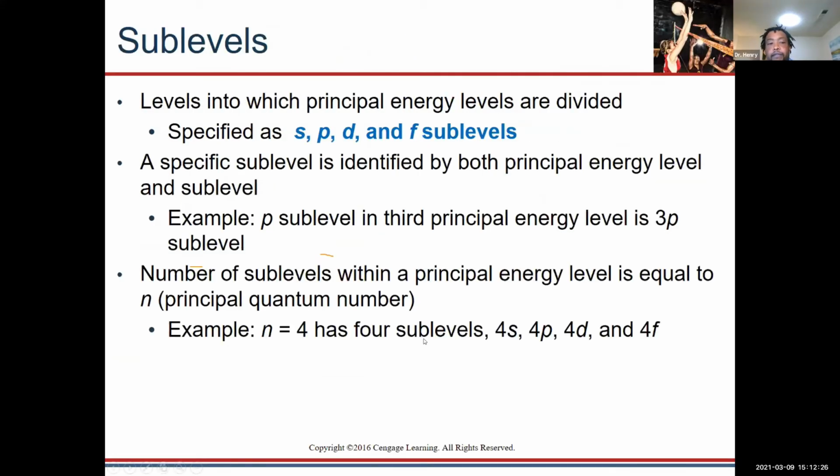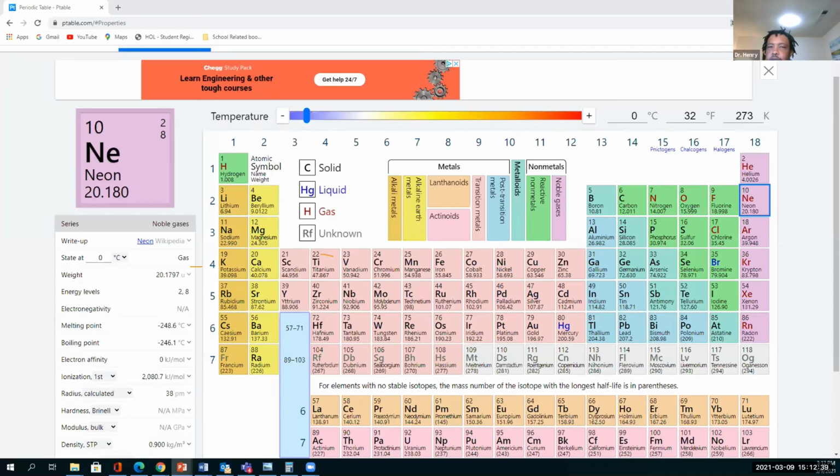So the sublevels, or the subshells, are called your S, your P, your D, and your F. Let me show you what your subshells are in terms of your periodic table. Your periodic table basically contains most of the stuff that you need. Right here, this would be your S subshell. These over here are your P subshell.